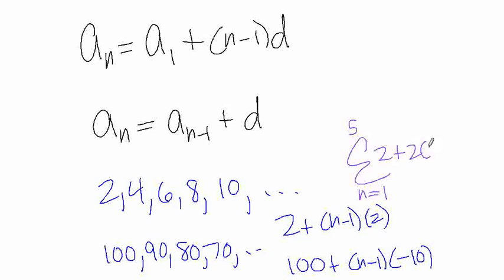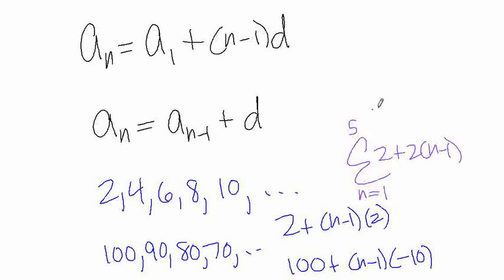Okay, and let me move the 2 to the other side. Okay, so that would denote a series with respect to the first 5 terms. So for a series with respect to an arithmetic sequence, the series will be described with sigma notation with respect to the function that describes the sequence, the non-recursive function.